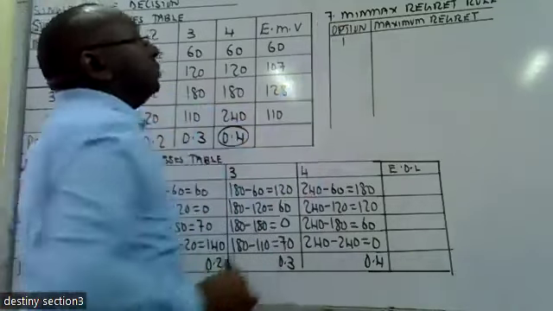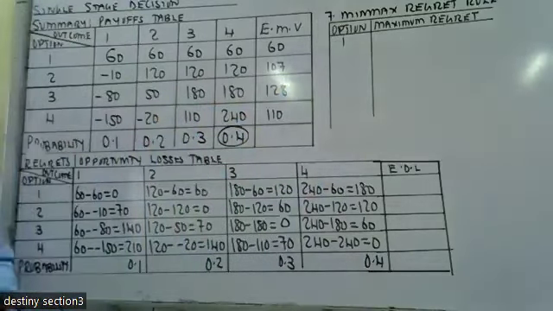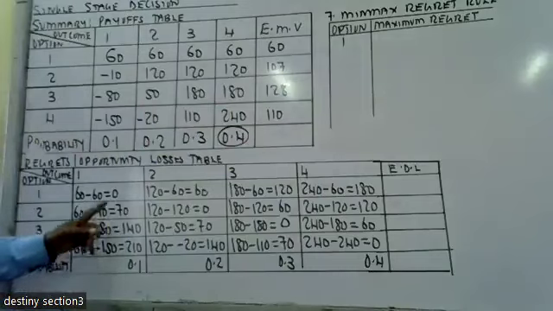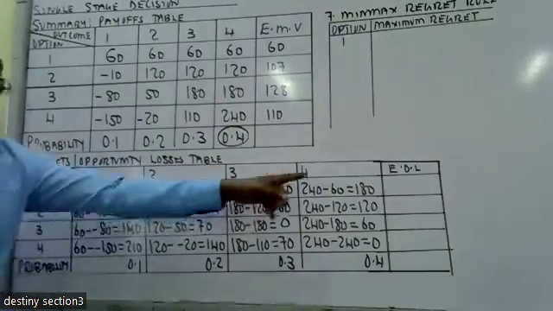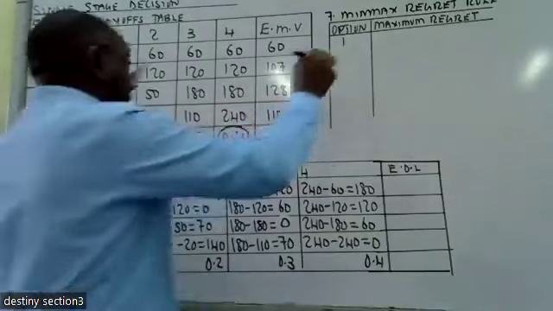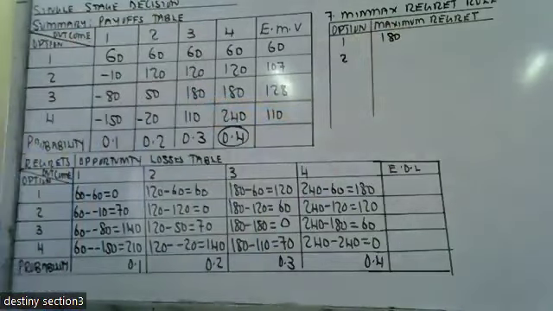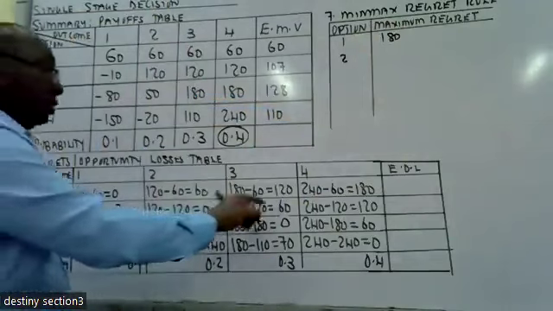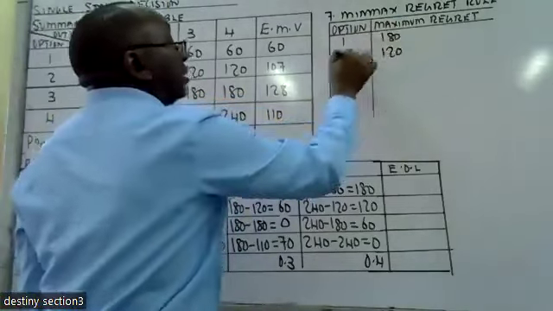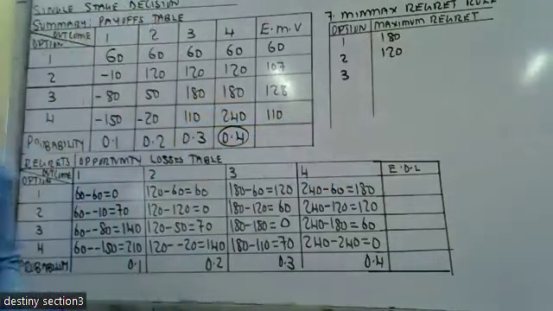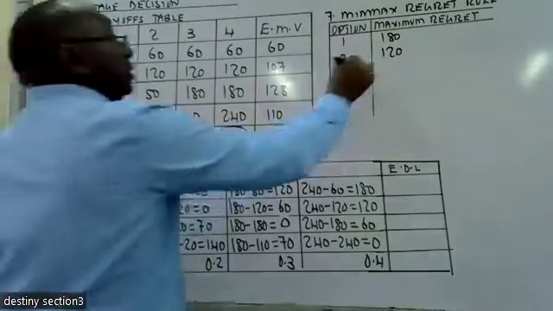So here, option 1. I run across here, meaning this one. The maximum is 180. For option 2, the maximum is 120. Option 3, the maximum is 140.